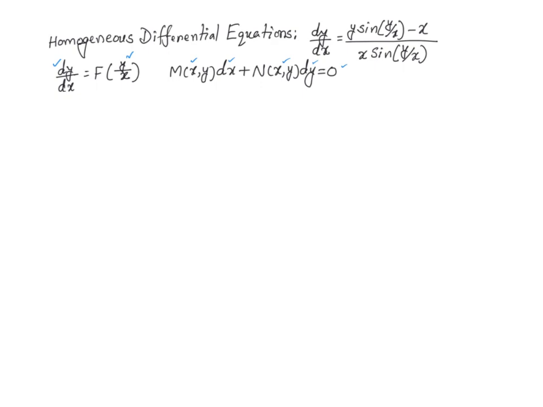If that is the case, and functions M and N are homogeneous functions of the same degree, then this is also a homogeneous differential equation. Now let's go ahead and solve our problem, which is dy over dx, and I'm just going to distribute this denominator.